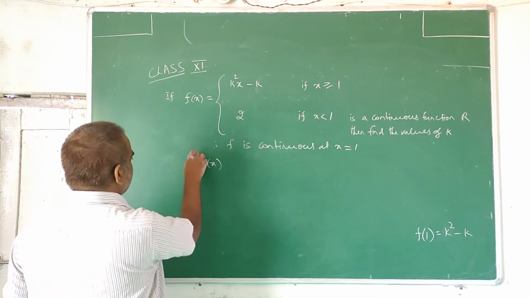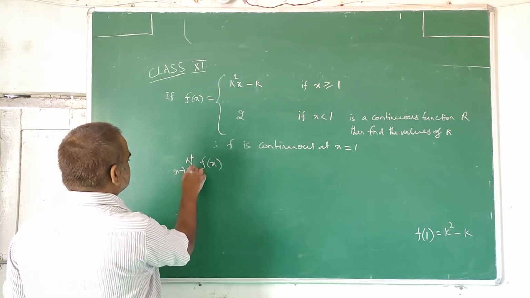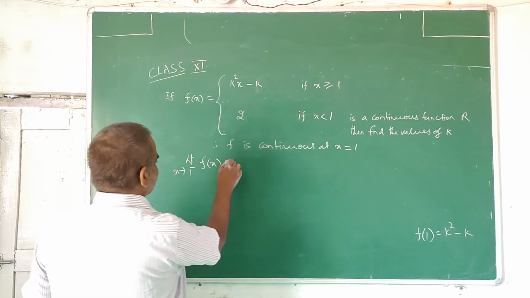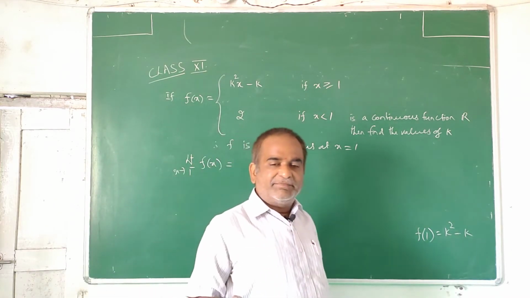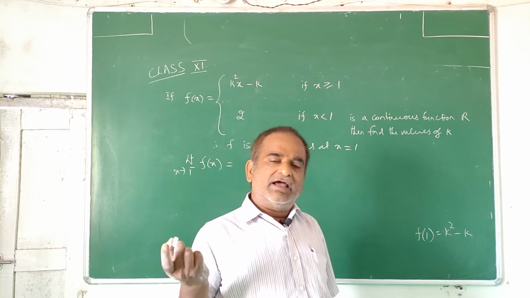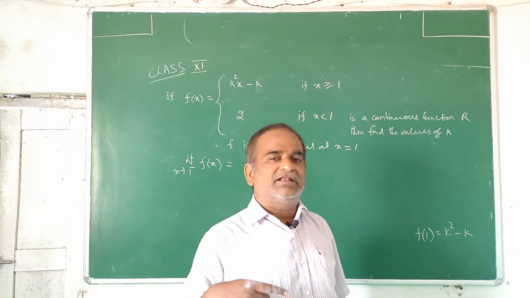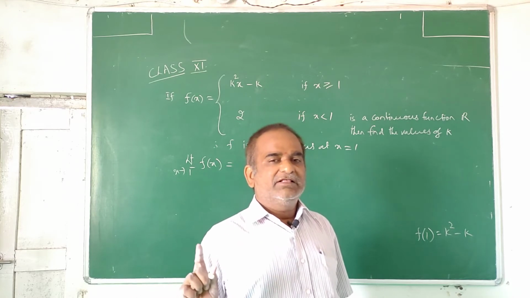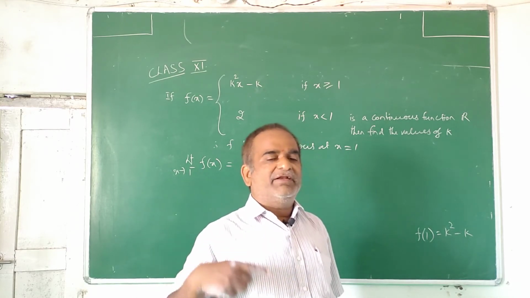For that you have to first find the limit of f(x) as x tends to 1 minus or 1 plus, it makes no difference, because the limit exists, given that it is a continuous function. So both LHL and RHL would be equal to the limit value only.